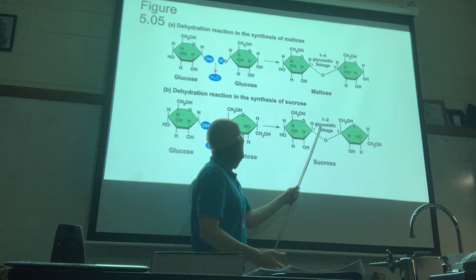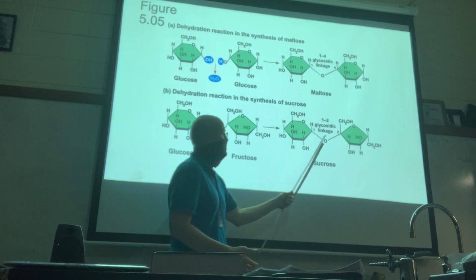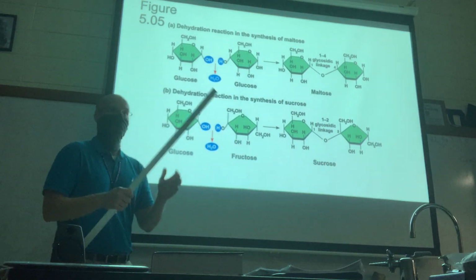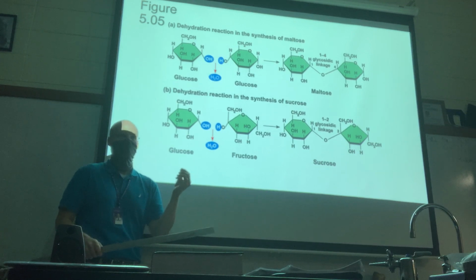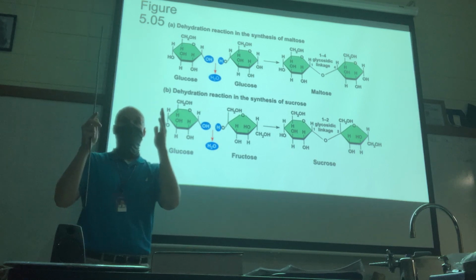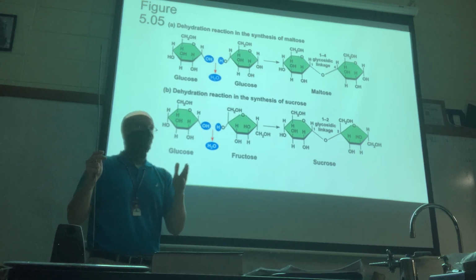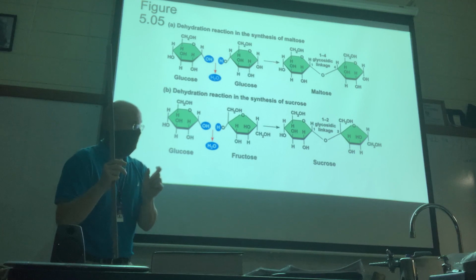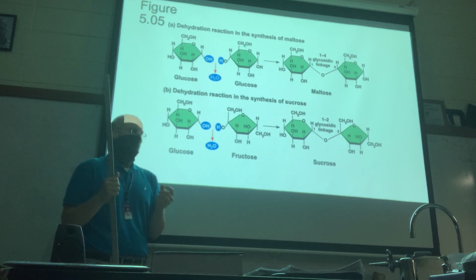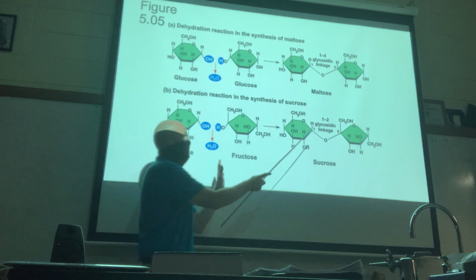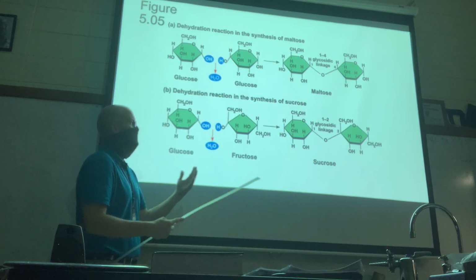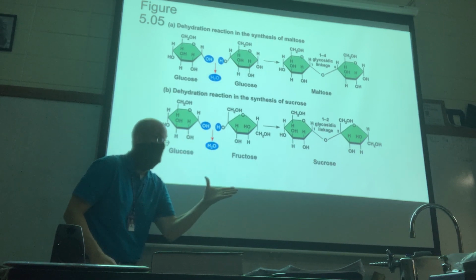A glycosidic linkage is the terminology we use to describe the bond that holds these monomers together. When you bond amino acids together, the bond that holds them to one another is called a peptide bond. It's just a covalent bond, the name we give it because it's such an important bridge between the two.